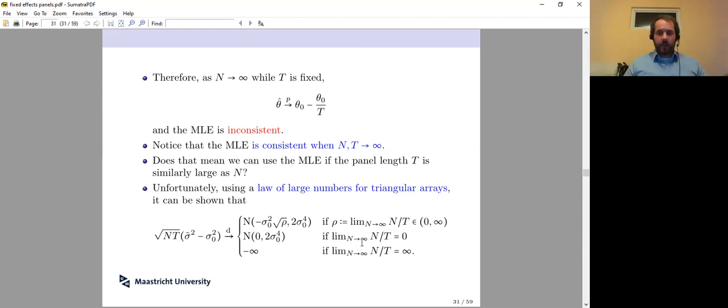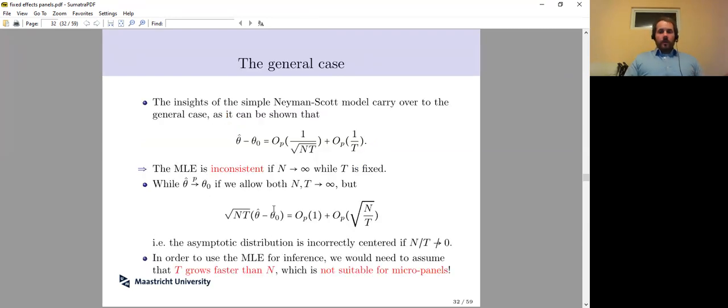So in this case, where t grows faster than n, we have a nice asymptotic distribution. So this can be used for inference. However, if n grows faster than t, then this distribution doesn't even exist. It completely explodes. So we have a bias when n and t grow at the same rate. We have a nice distribution if t grows faster than n, and we have a terrible thing if n grows faster than t.